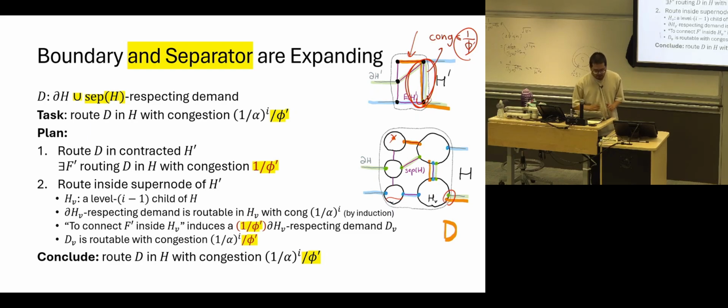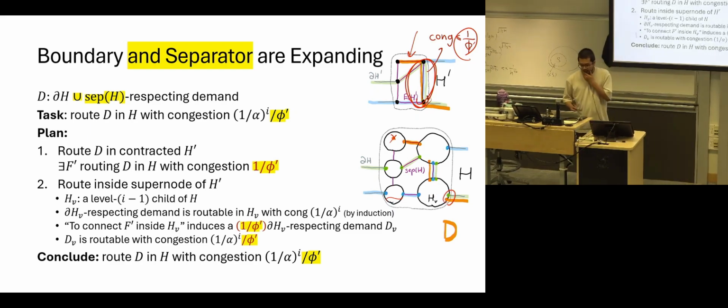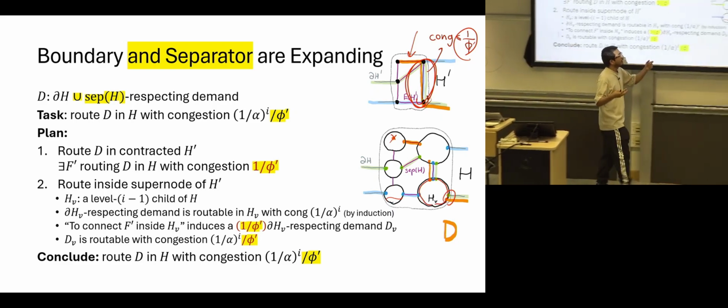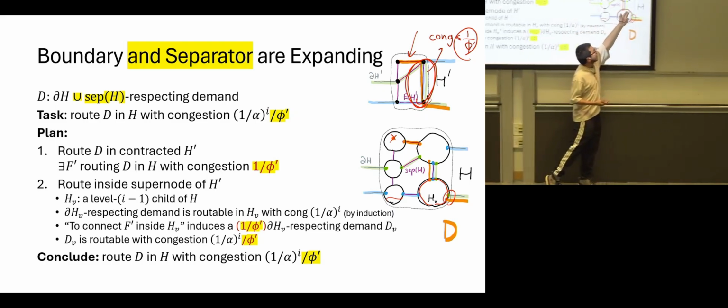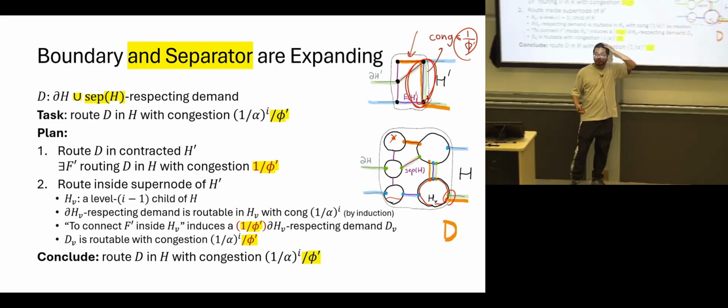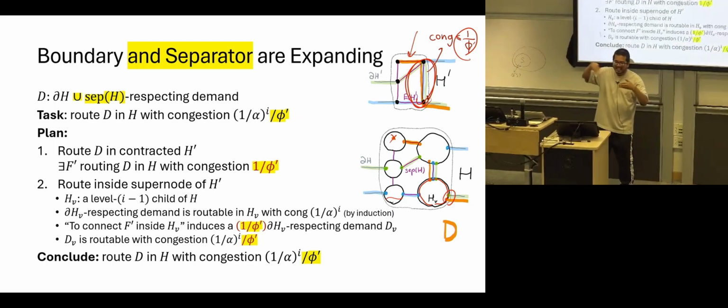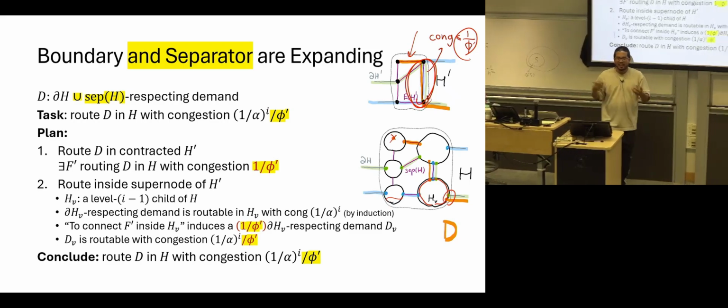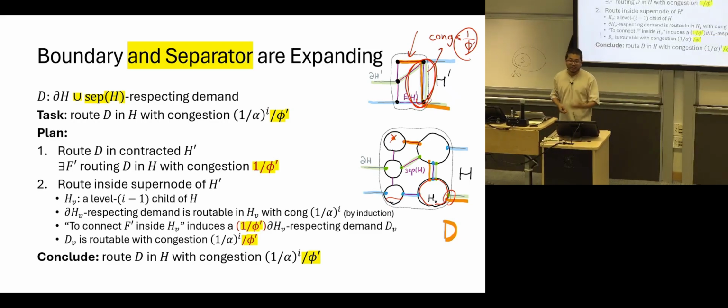So I think the key insight is that when you try to route inside a supernode, it's just the demand between the battery. And the point is that the battery is much more expanding than the degree node weighting.